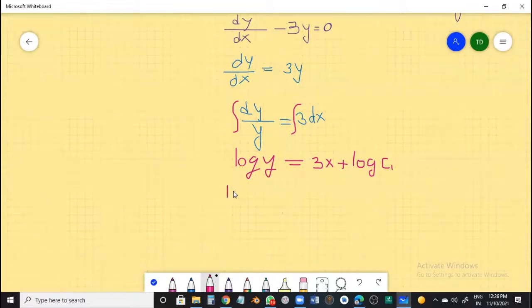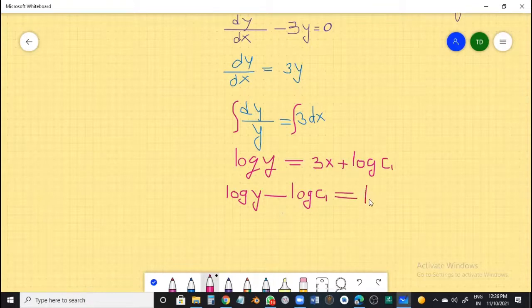Okay. Now, what I'll do is bring this log to this side. That is the basic thing. Log y minus log c1. So you can use the laws of logarithm. What is this, by laws of logarithm? Log a minus log b is log of a upon b. So it is y upon c1, it is division.